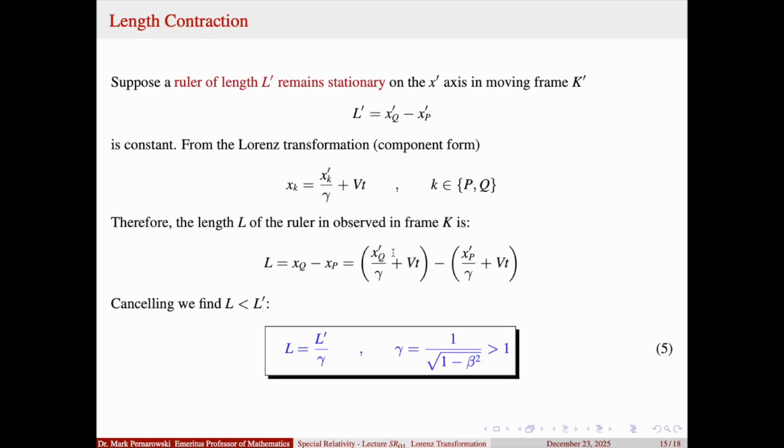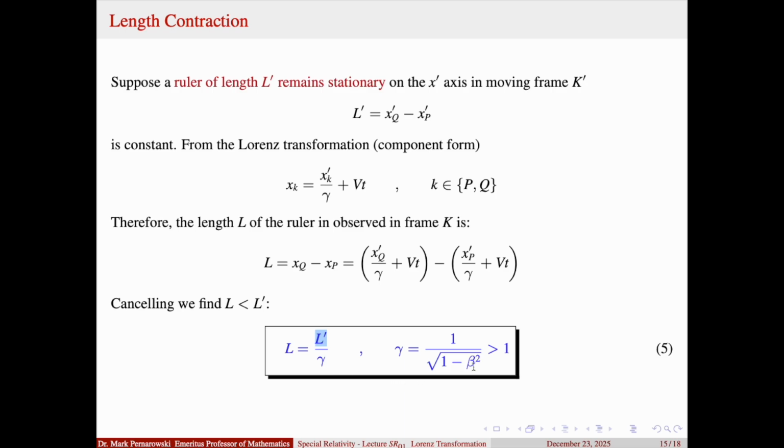You subtract, and you notice that you get xq prime minus xp prime. That's just L prime, and the VT terms cancel. So the result is that the length observed in K, that would be L, is the length observed in K prime divided by this factor gamma.